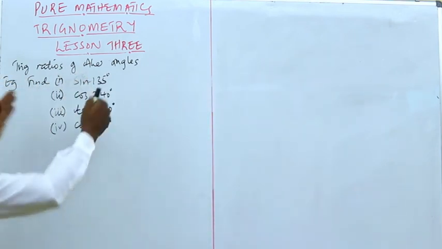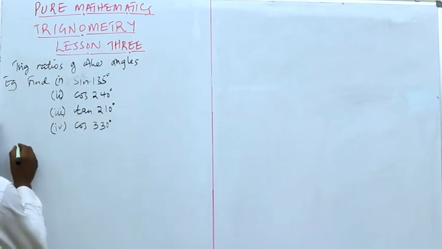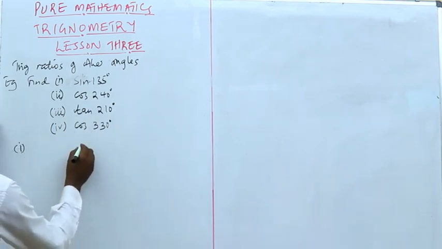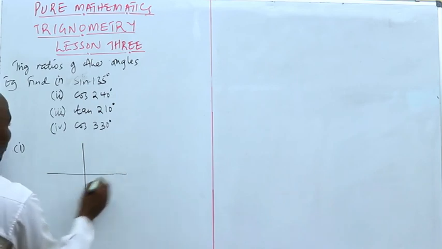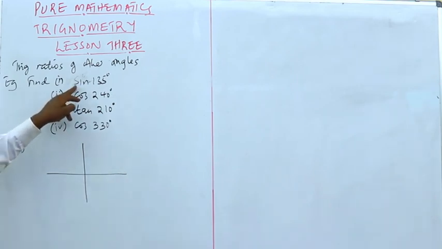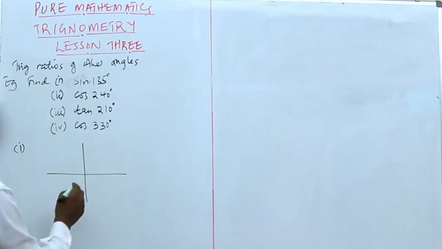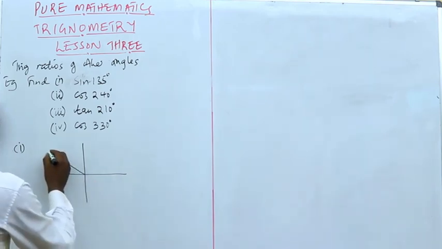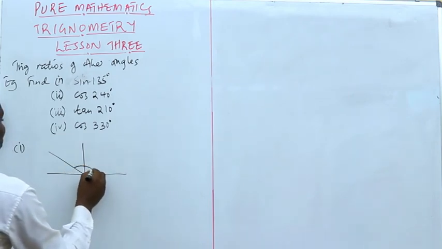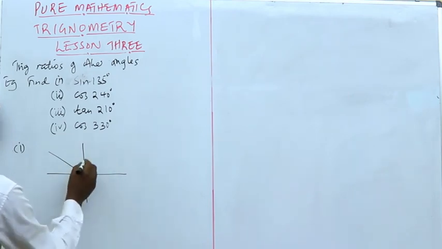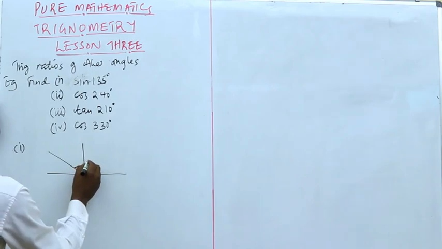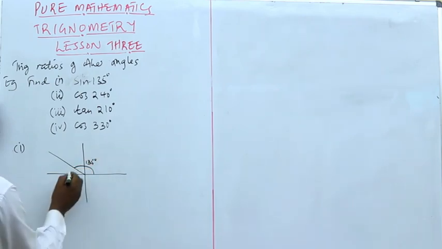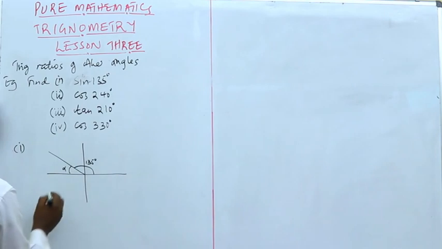Now, I want to use this as my example. Roman 1. If I draw my quadrant, it is the sine of 135 degrees. Sine of 135, I can take it to be there. If this is 135 degrees, I can call this alpha.